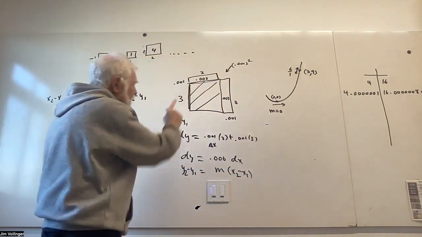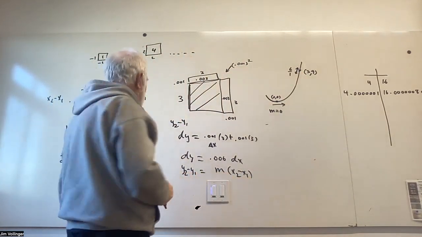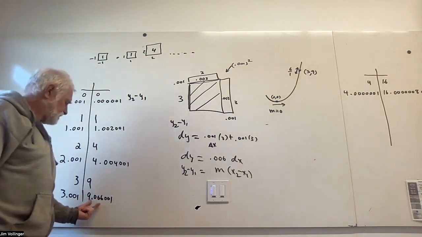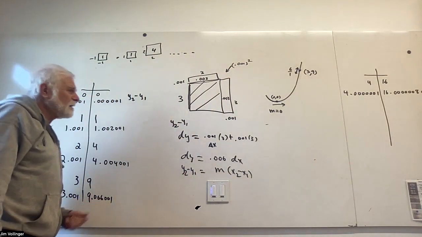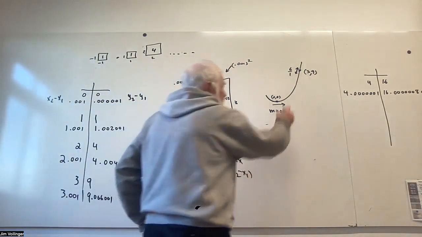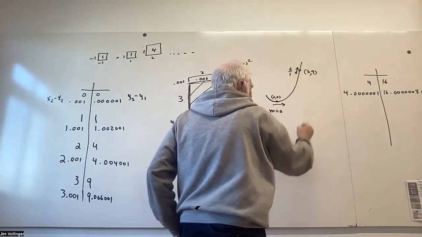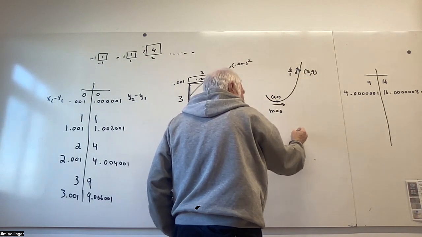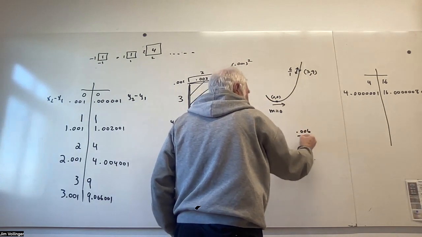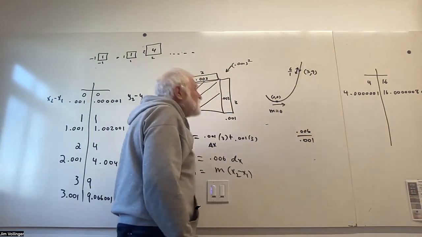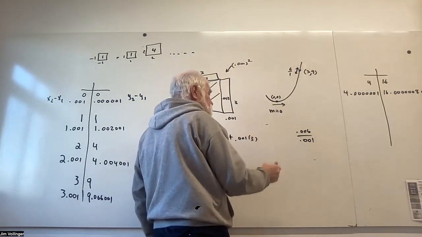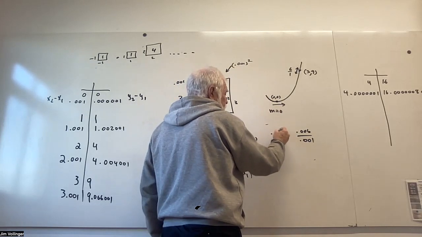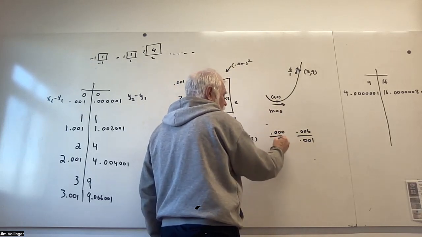Based on this calculation, at 3, where the area is 9, the change in y divided by the change in x is roughly 6.001, about 6 to 1. And at 0, the first 3 digits were 0 divided by 0.001.